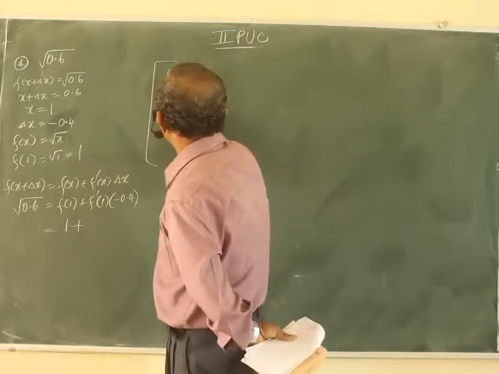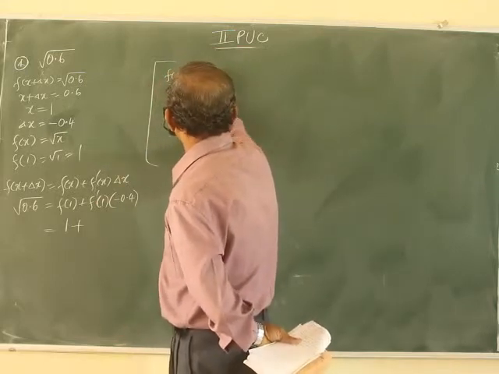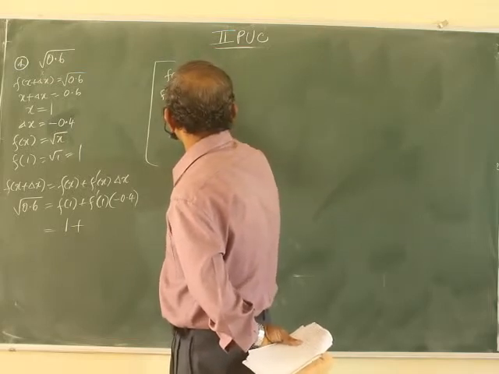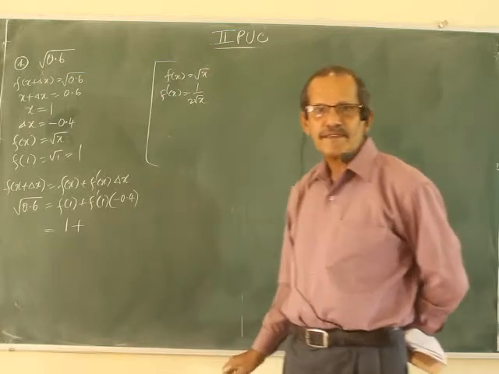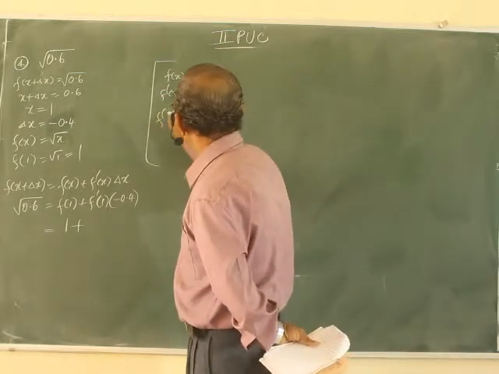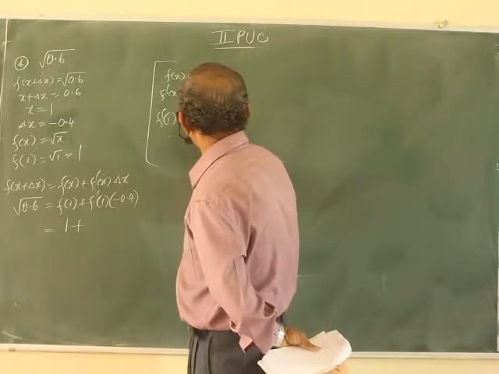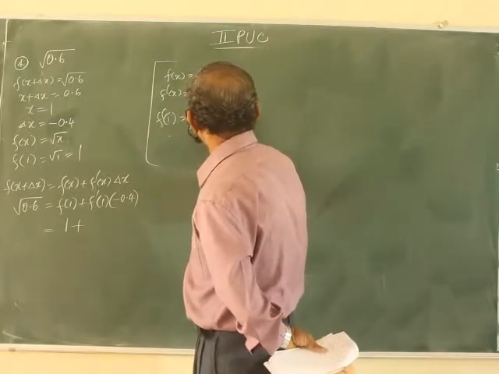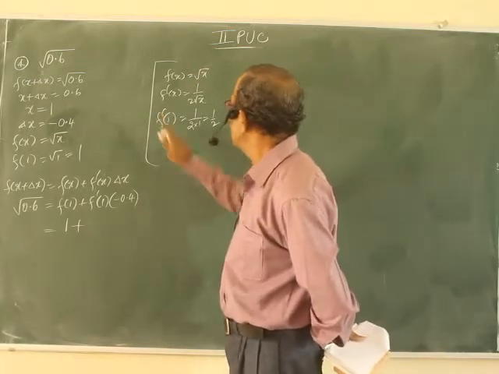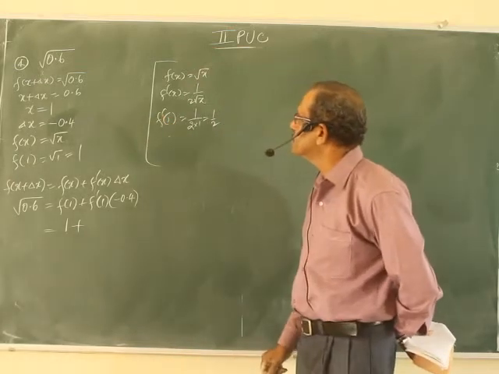If f of x is root x, f dash of x is 1 by 2 root x. f dash of 1 is 1 by 2 into 1, that is 1 by 2.